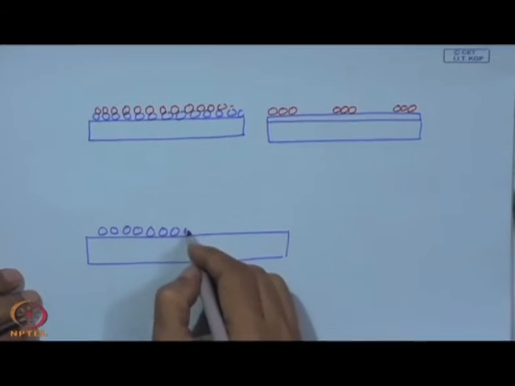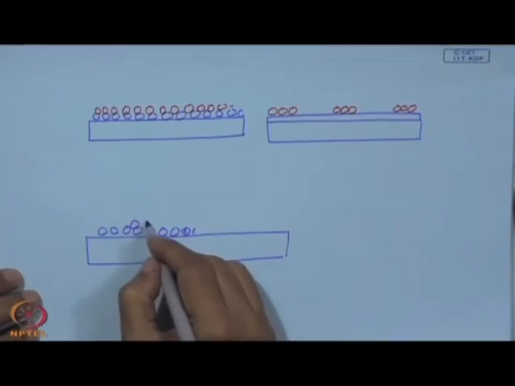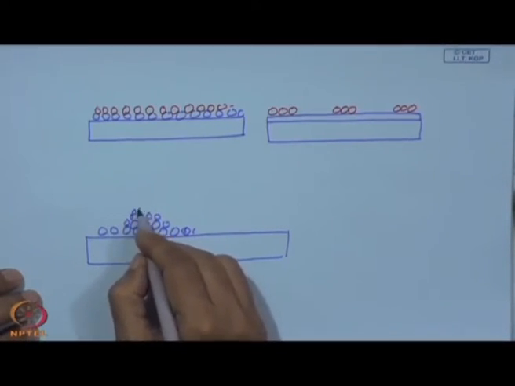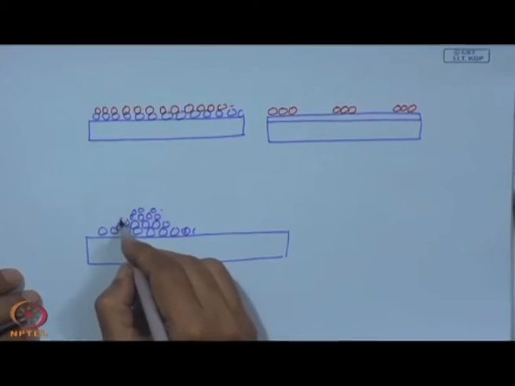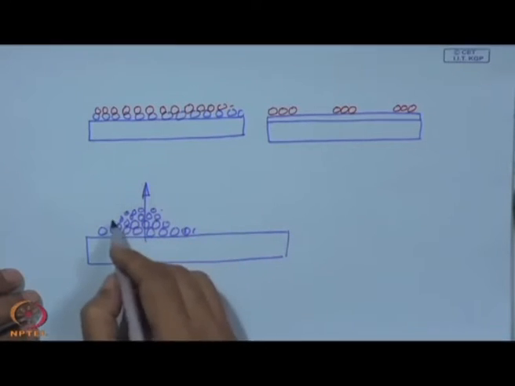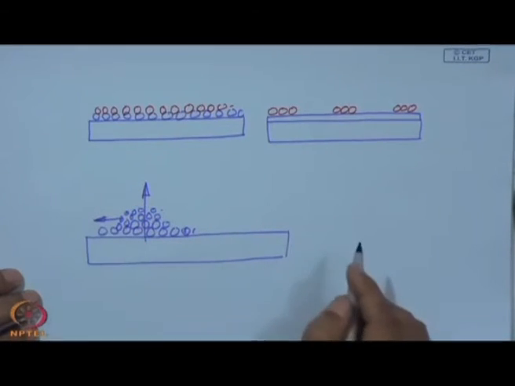Now, we have growth in this direction and like this also it is growing. As it is growing on this side, it is also growing in the vertical direction, and it is also lateral direction growth.